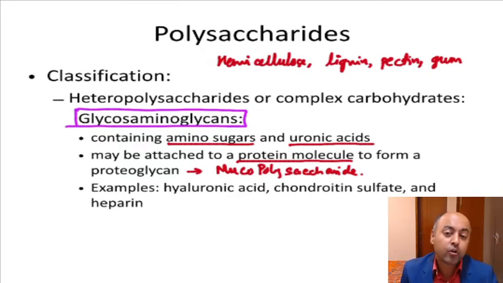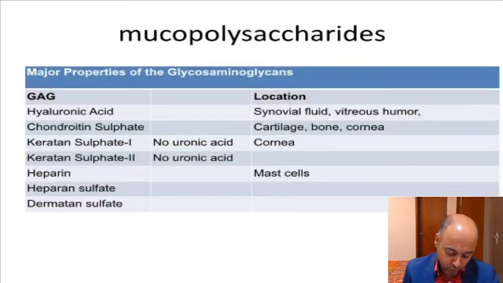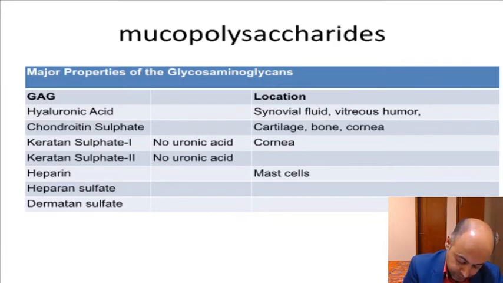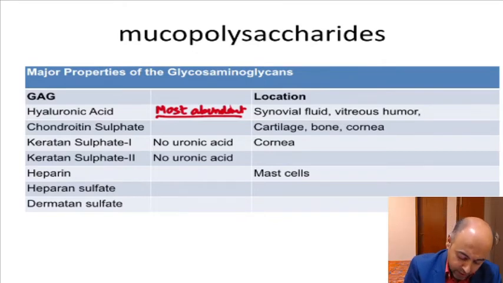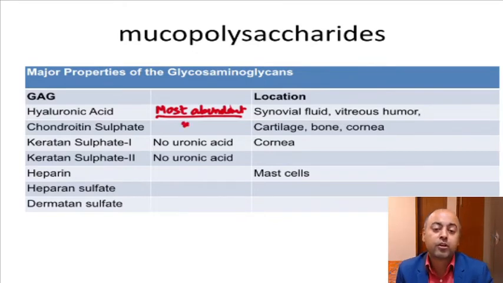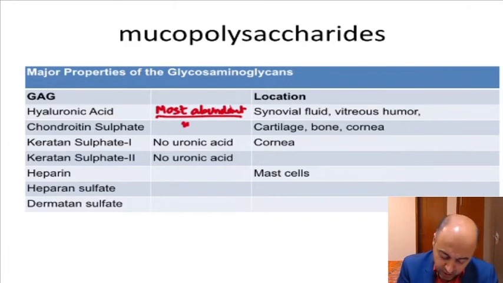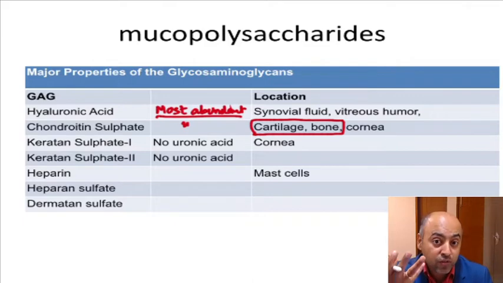Let's look at the important glycosaminoglycans that you should know about. Hyaluronic acid is the most abundant because it is very widely distributed in most of the connective tissue, followed by chondroitin sulfate. It is present in the cartilage and in the bone, so because of this their amount is very high.